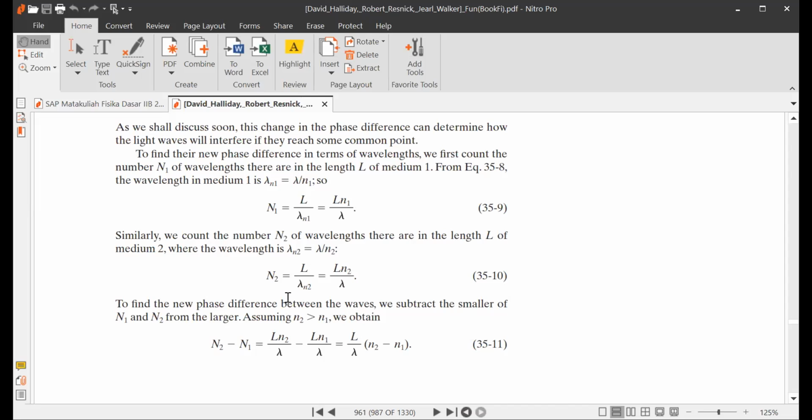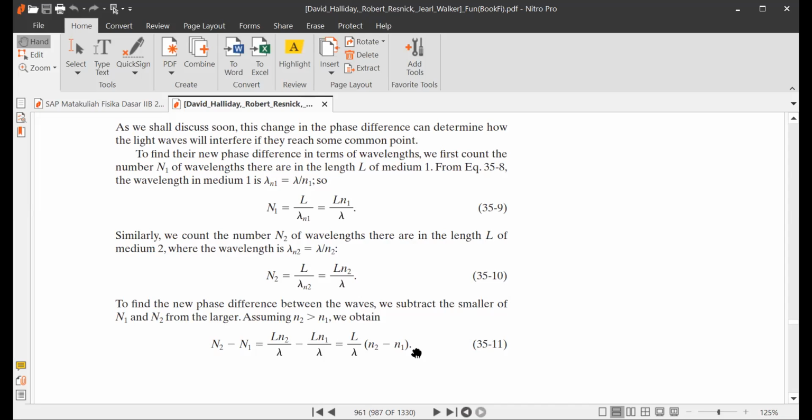So this N here is the number of waves, like wavelength. This N1 is L over lambda_n1, and this is N2 here. So if we subtract, this N2 minus N1, we get that L over lambda is N2 minus N1.